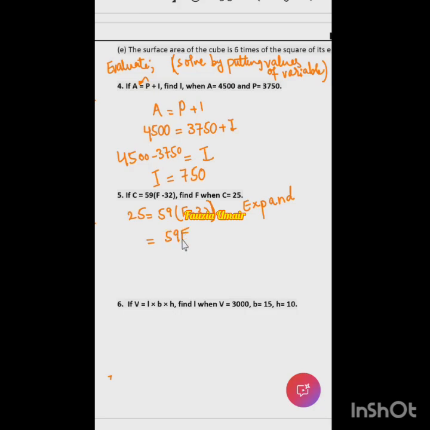minus, what is 59 multiplied by 32? 59 multiplied by 30 is 180. Let me solve it.